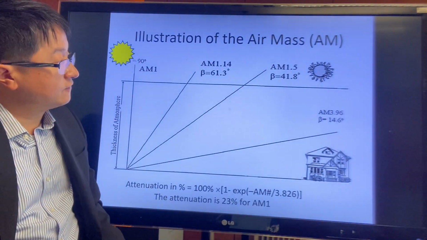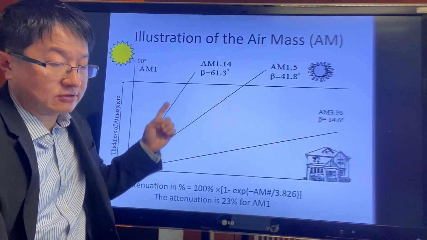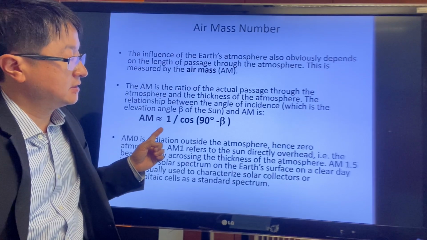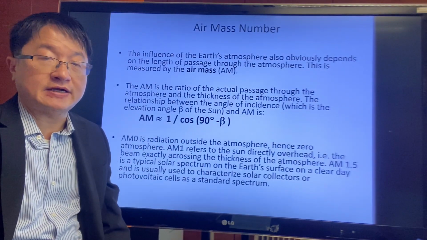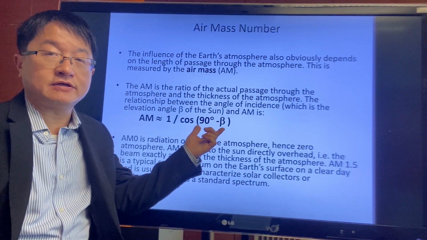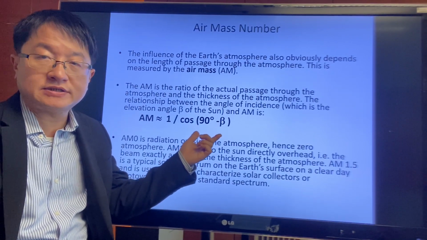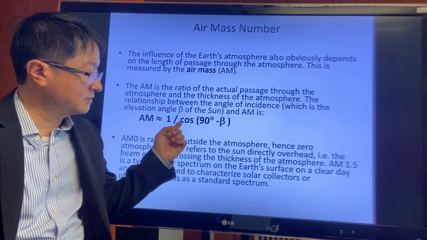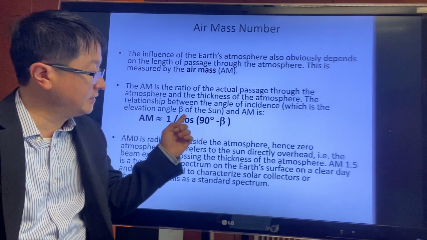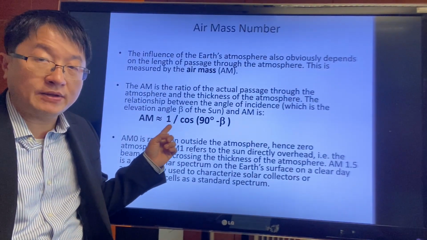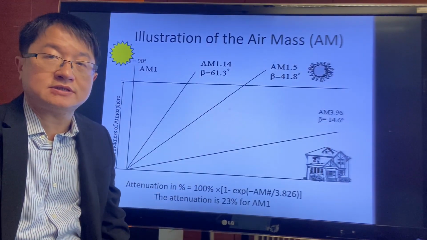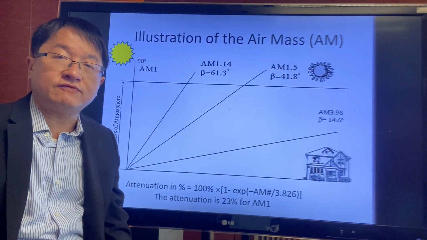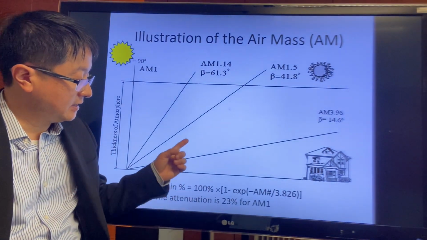So we can first calculate the air mass according to these equations. This number, 90 minus beta, is in fact the value of 28.7. So we take the cosine of 28.7 and divide 1 by it, and we get the air mass, which equals 1.14.